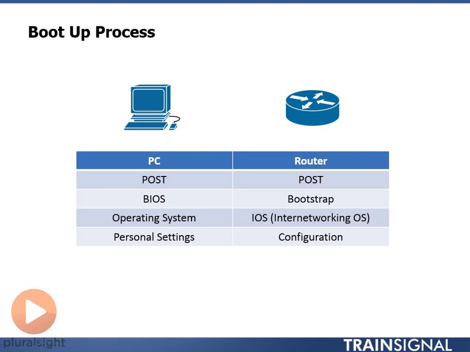For example, you can have the BIOS set up so that your PC first boots from a USB drive, then from a CD-ROM drive if you have one installed, and then after that it'll boot from this hard drive, and if the hard drive isn't there, then maybe it will try to do a network boot. So inside of BIOS we specify the boot order, and we can run multiple operating systems from multiple different devices on that PC. So after BIOS loads, it loads the operating system.